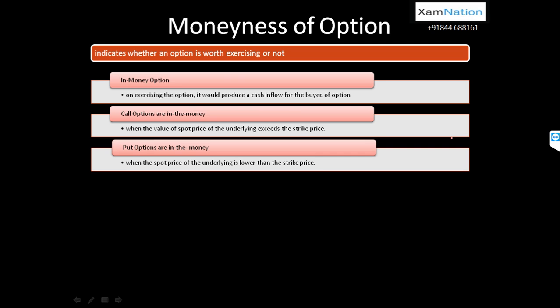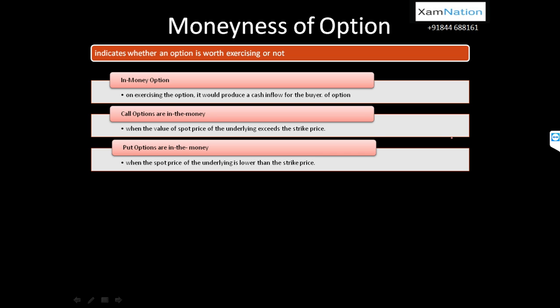For example, in a call option, when the spot price of the underlying asset exceeds the strike price, the call option will give you an economic benefit. Why? Because the spot price is higher in the market and you have the right to buy at the lower price, since the strike price is less than the spot price. Then you will exercise your option and this will give you a cash flow. This is the in the money option.